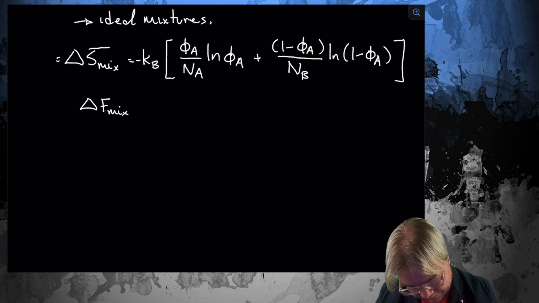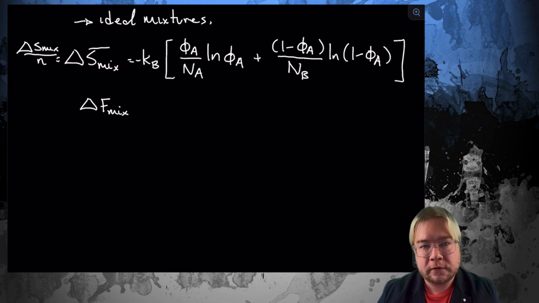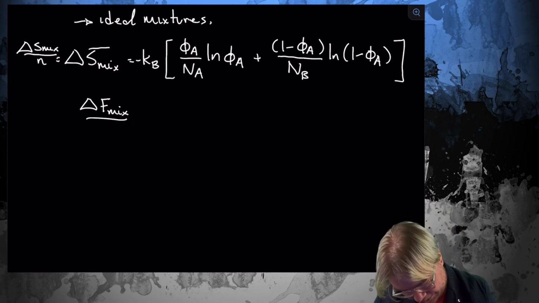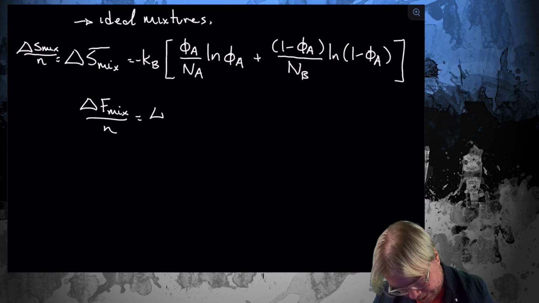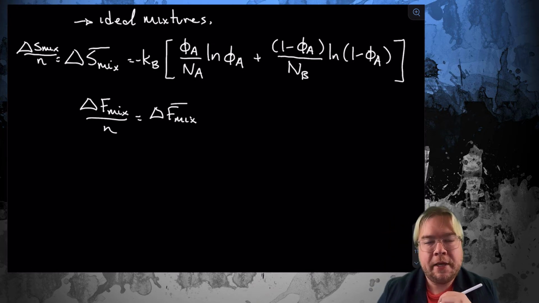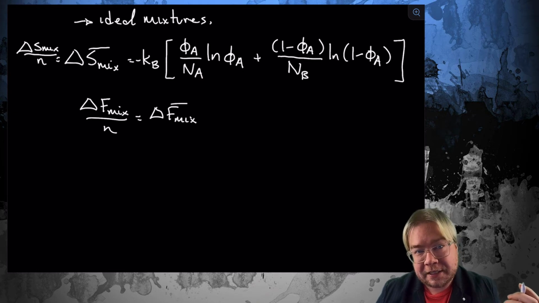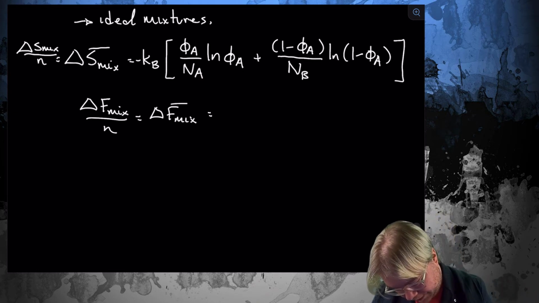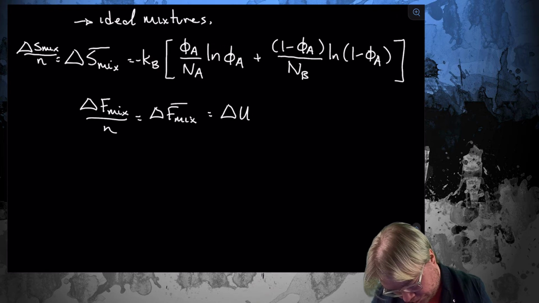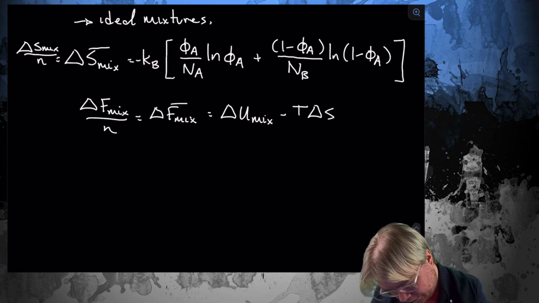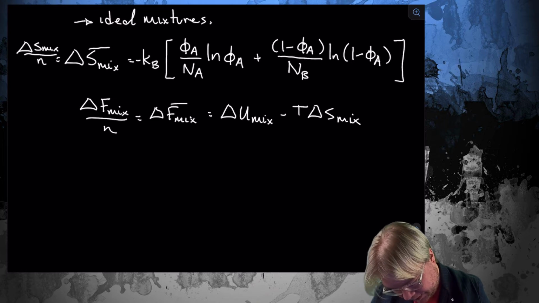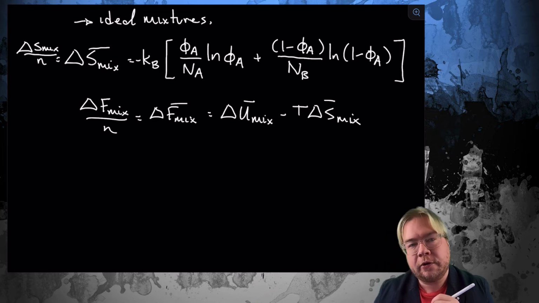So this is actually delta S mixed divided by little n, and that's the total number of particles. So delta F mix divided by n is the same thing as delta F mix with that little bar on top. And all we do is just multiply this by T, because this would be delta U of mixing minus T delta S of mixing. And we'll put bars on top of those.